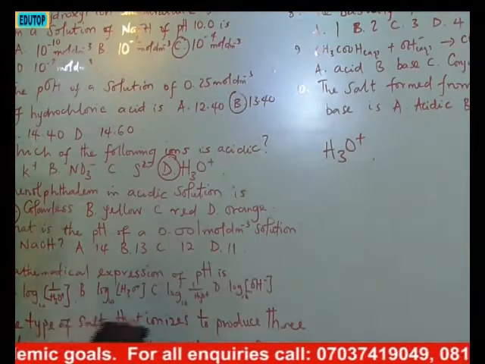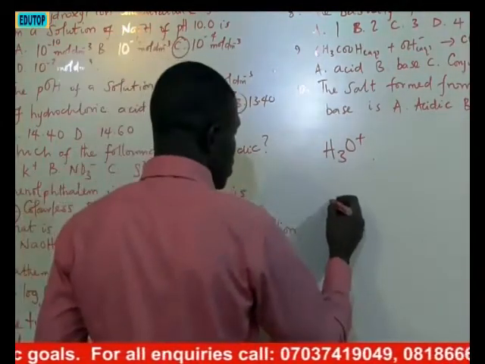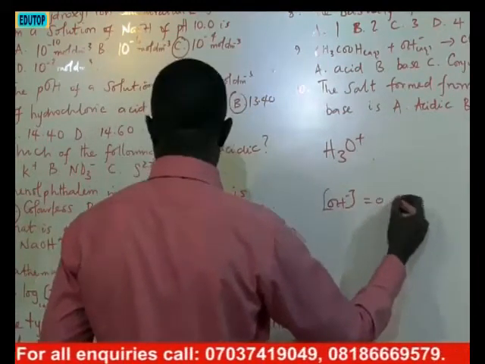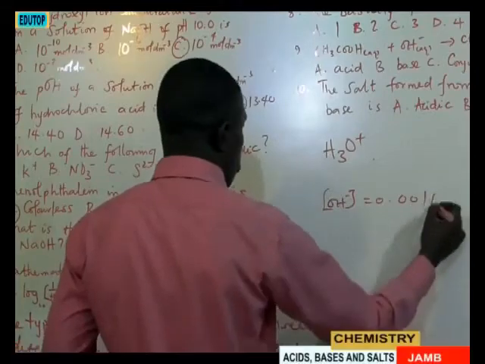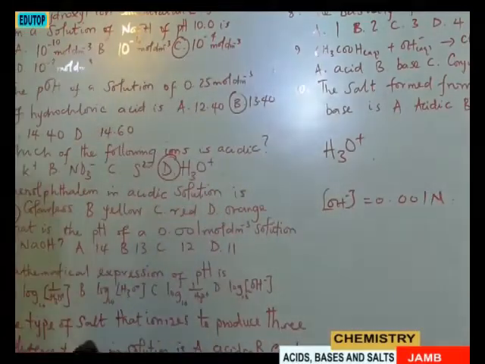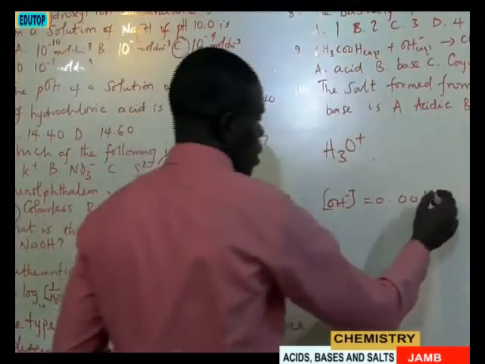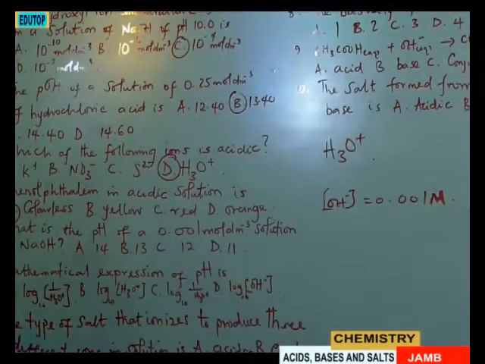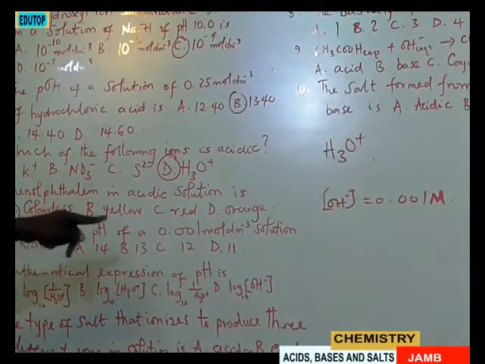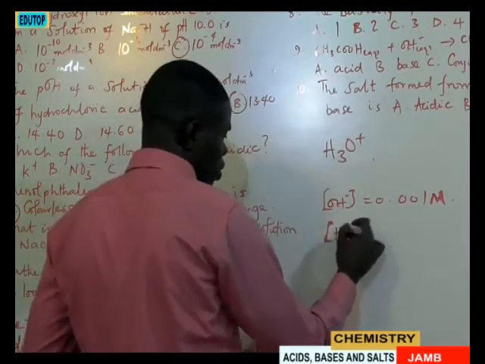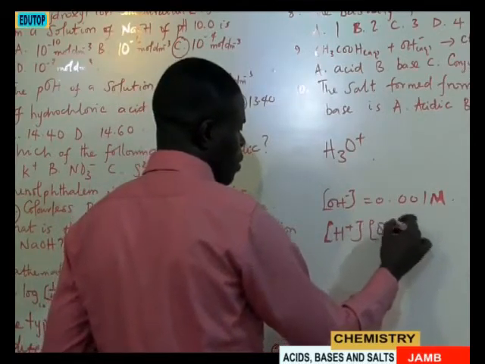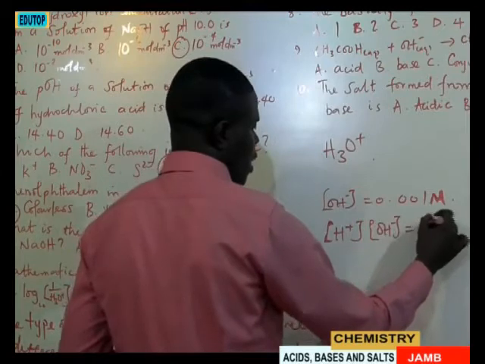So we have been given the hydroxide ion concentration to be 0.001 molar. In this situation, we know that there is a relationship between hydrogen ion concentration and hydroxide ion concentration: the concentration of this times the concentration of this equals 10 to the power minus 14.